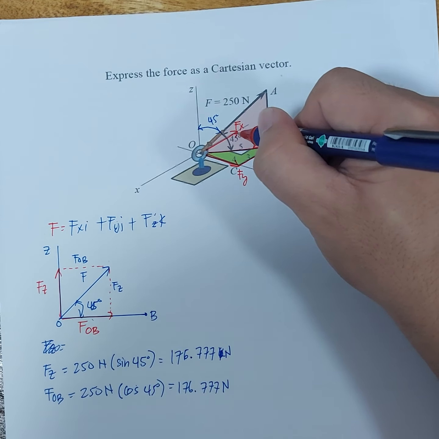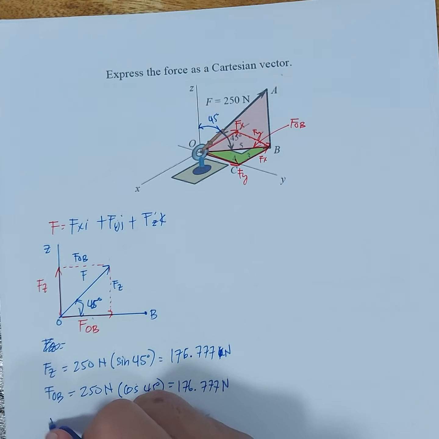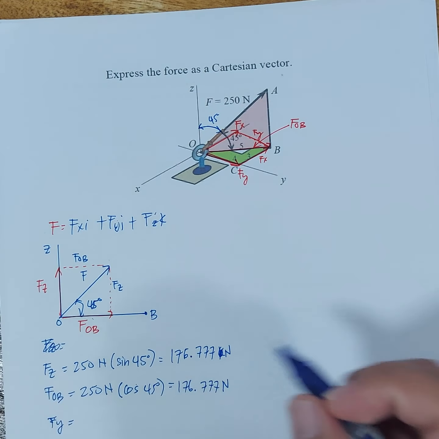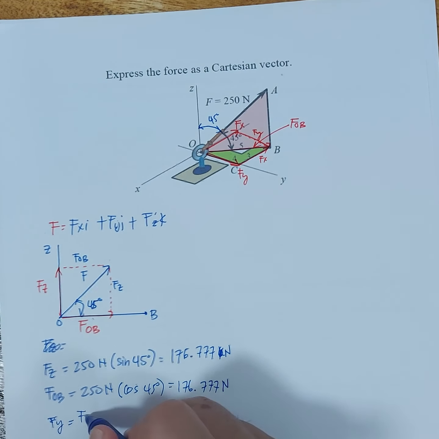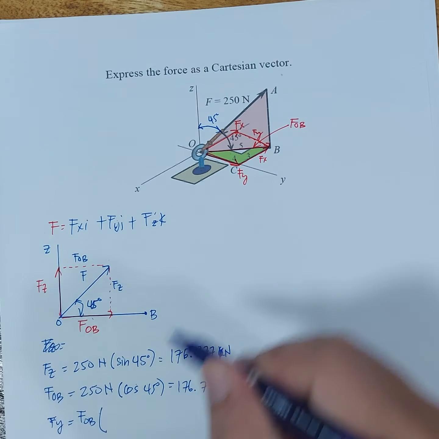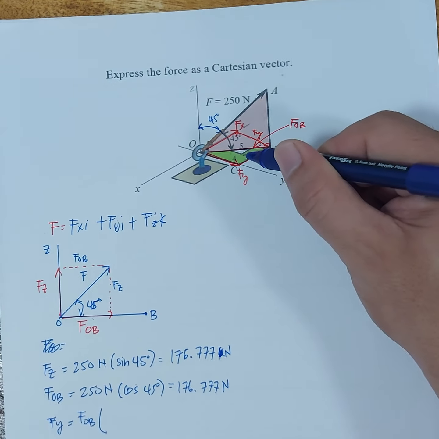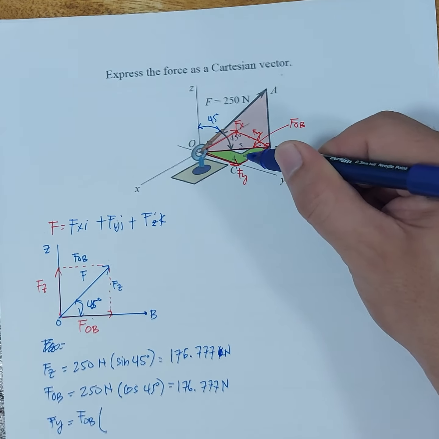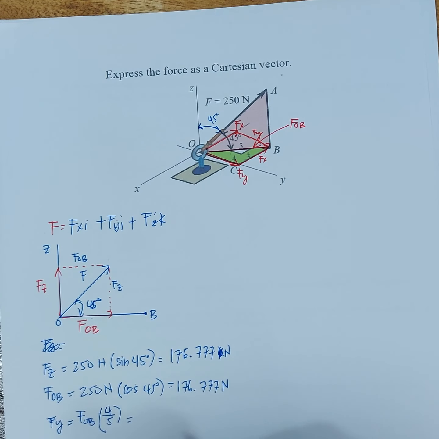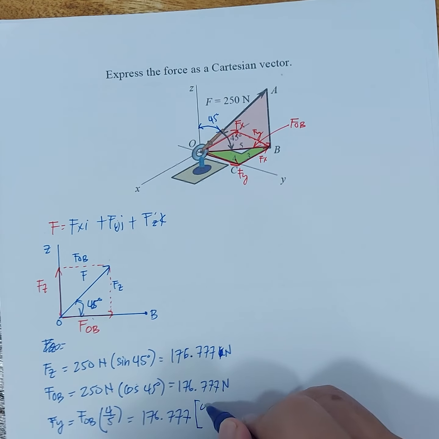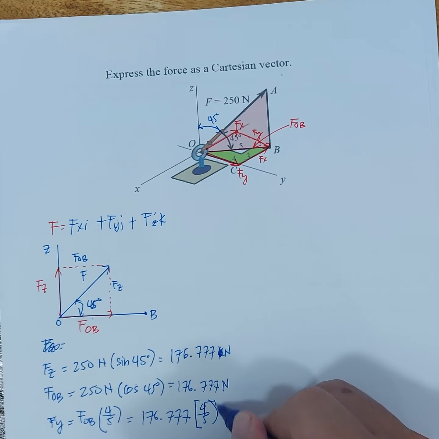Now to solve for Fy, it's equivalent to FOB times yung slope natin. Since Fy is parallel to 4, yung side ng 4, then that is times 4 over 5. So FOB is 176.777 times 4 over 5.